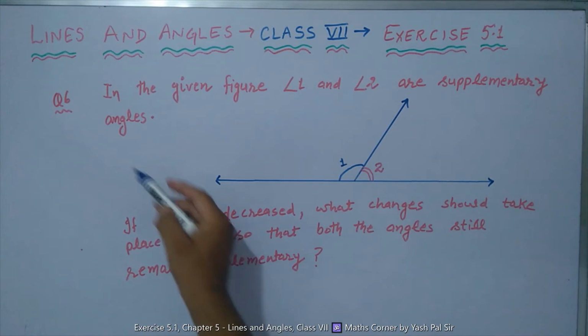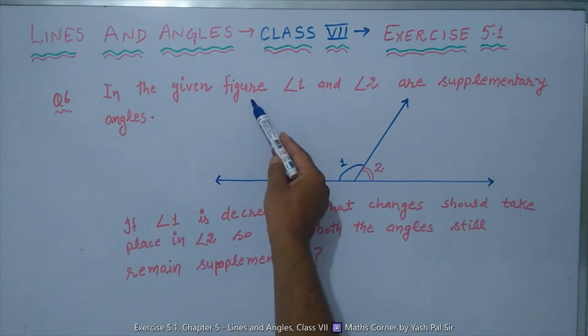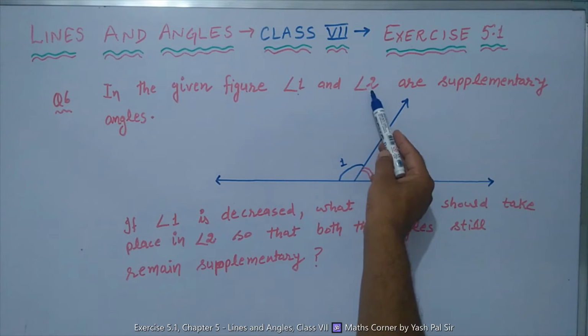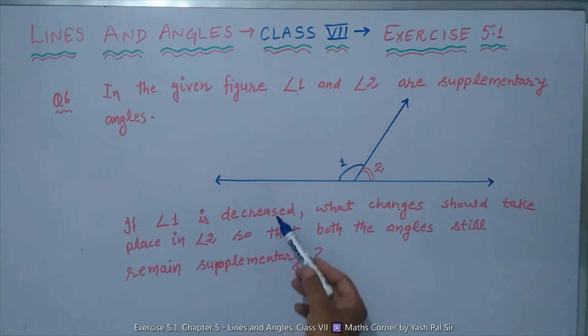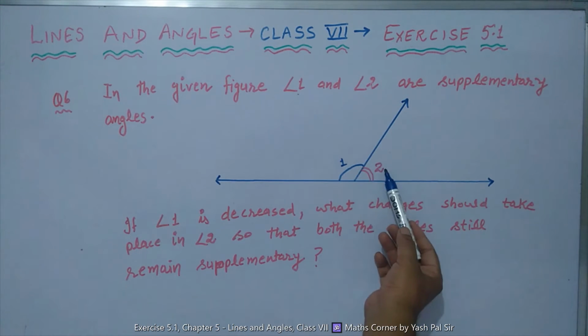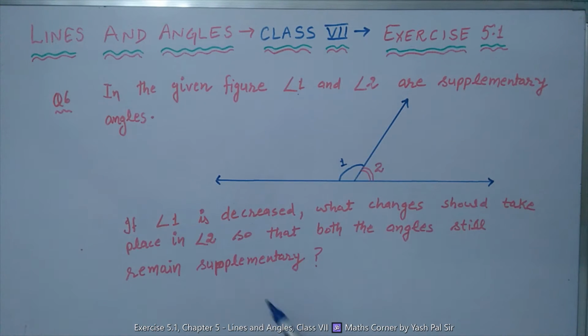Next we have question number 6. In the given figure, angle 1 and angle 2 are supplementary angles. So this is angle 1 and this is angle 2. Now what is the question? The question is: if angle 1 is decreased, what changes should take place in angle 2 so that both the angles still remain supplementary?